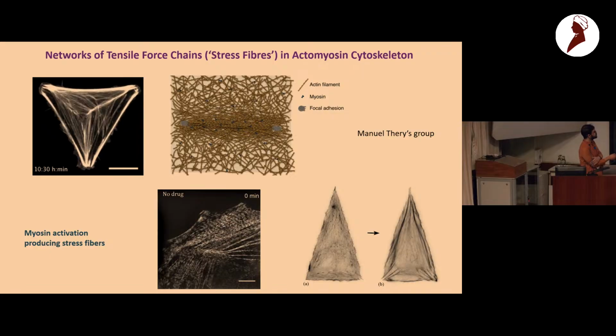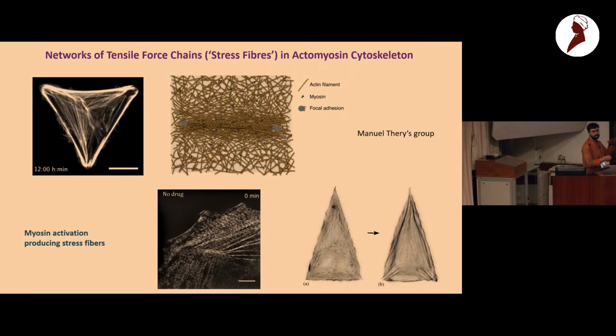This is just a schematic of Manuel Théry's group paper. The background fiber of actin is actually turning over. Actin can polymerize and depolymerize, but in these experiments, they have stopped the actin polymerization.